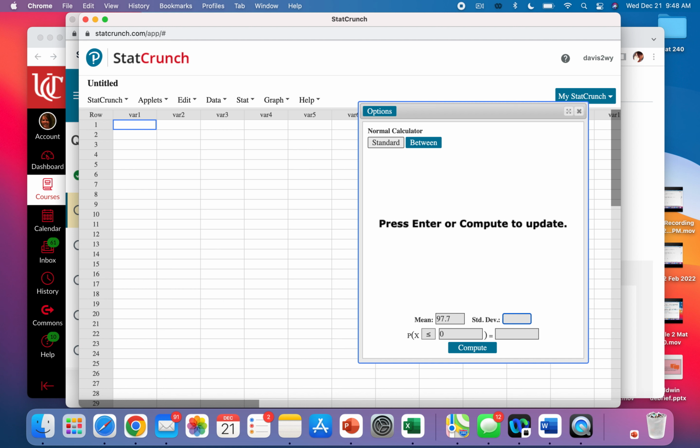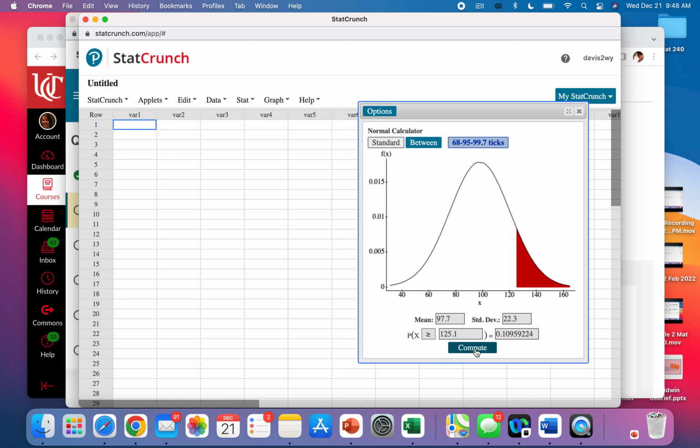Standard deviation 22.3. It said greater, so we're going to change it to greater than 125.1. 0.109. The 5 has a 9 after it, so that 5 goes to a 6.